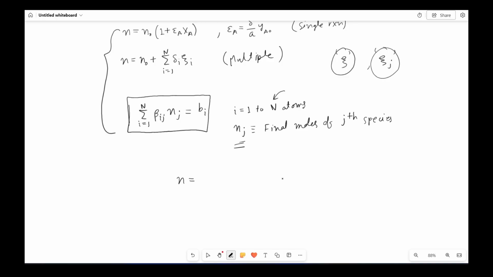However, this nu ij is the stoichiometric coefficient for species i in the jth reaction, and for a species i we have Ni0 plus the summation of nu ij zeta j. We will use this expression.